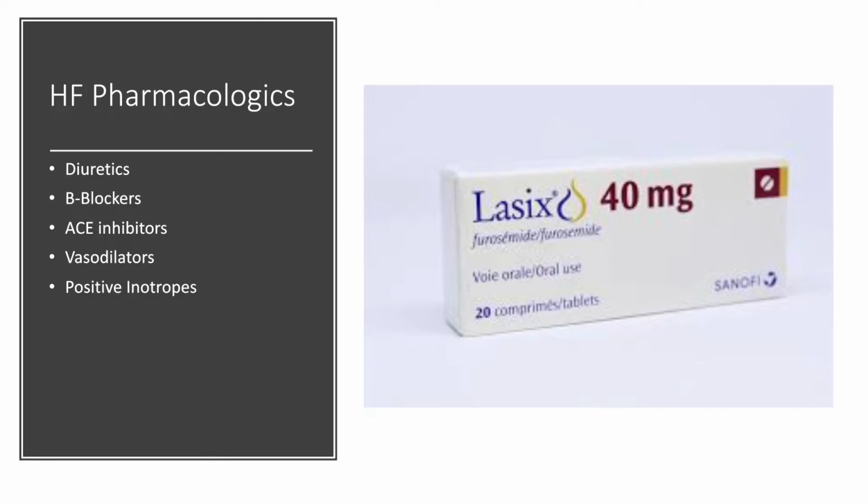ACE inhibitors act on a very complex system called the renin-angiotensin-aldosterone system. ACE stands for angiotensin converting enzyme, and it converts angiotensin 1 to angiotensin 2. That's what ACE does in the lungs. It converts that compound. Angiotensin 2 is a powerful vasoconstrictor, and it increases fluid retention. So an ACE inhibitor blocks that.